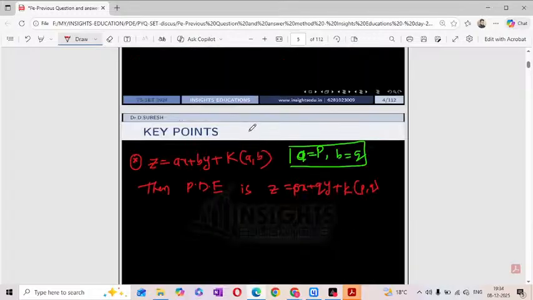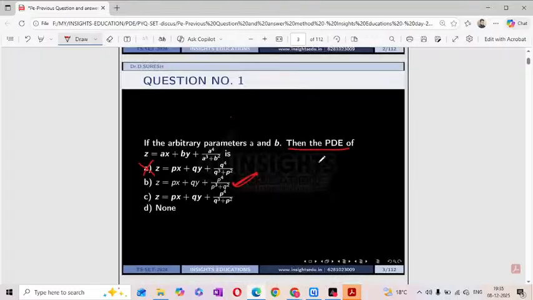Okay, if our equation is like this, Z is equal to AX plus BY plus K of A comma B, then for the corresponding differential equation, just substitute in place of A, P, in place of B, Q. Then the partial differential equation is Z is equal to Px plus Qy plus function of P comma Q. Now come to our problem.